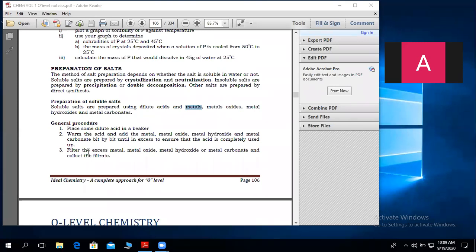So you should first think, because when you are preparing a salt, you need two substances to react together. It can be a metal, or a metal hydroxide, or a metal carbonate, then with an acid. And the choice of the acid depends on the salt that you are going to prepare.